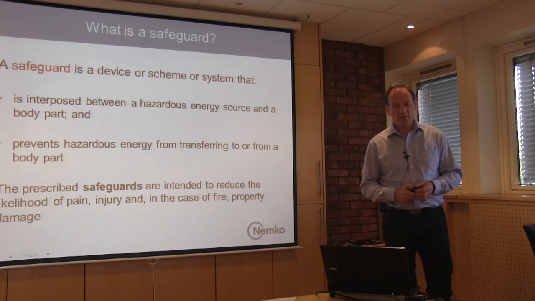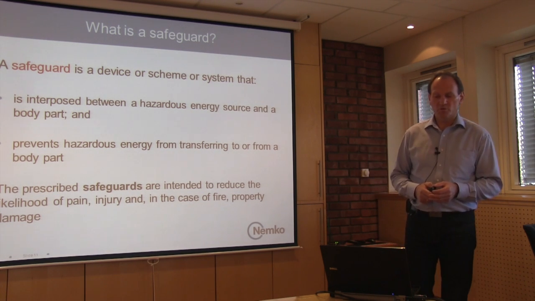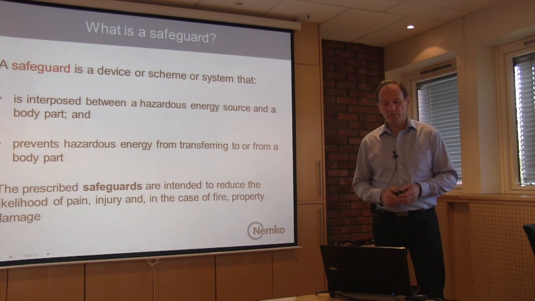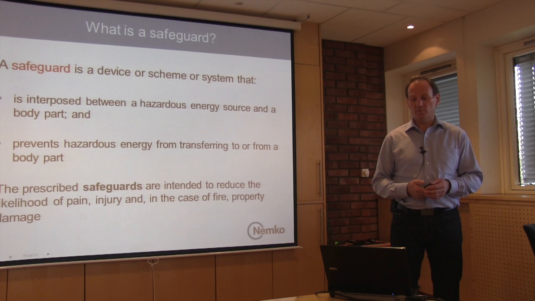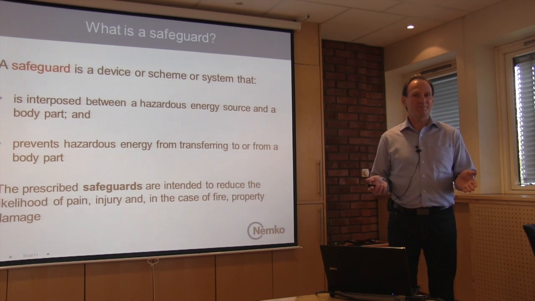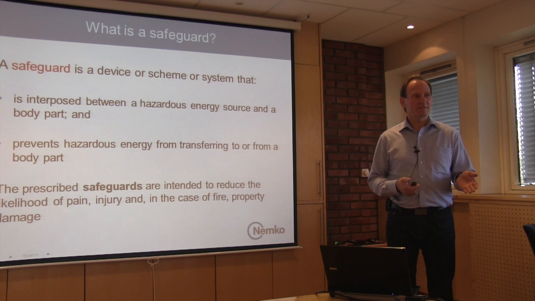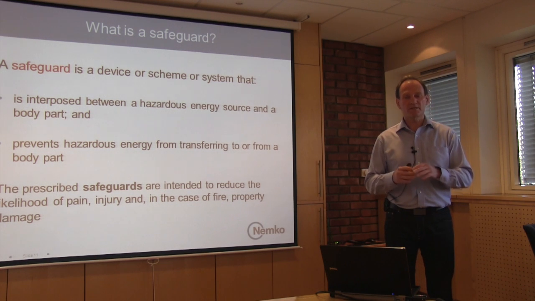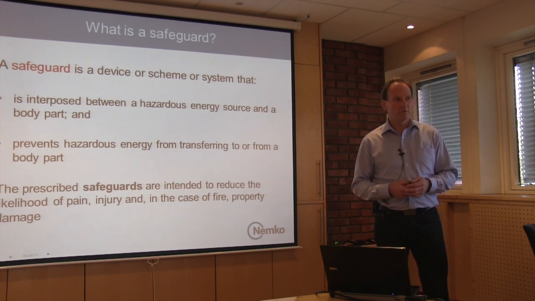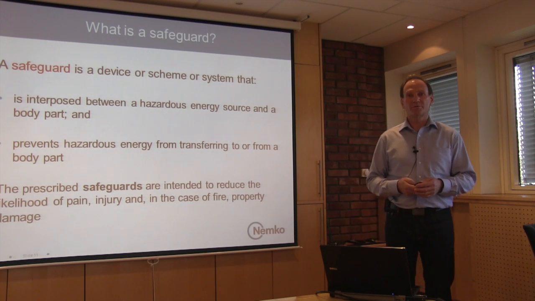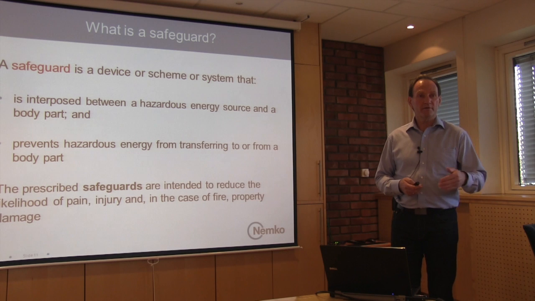So the prescribed safeguards are intended to reduce the likelihood of pain, injury, and in the case of fire, property damage. So today it is the same as, for example, insulation. But the safeguard is a general word for a fire enclosure or whatever kind of barrier.